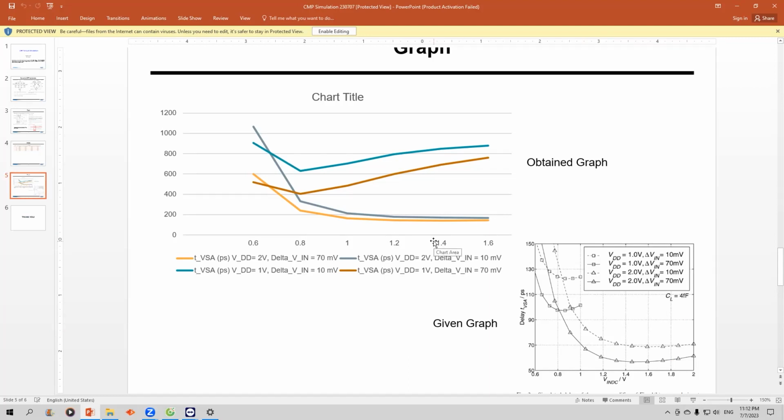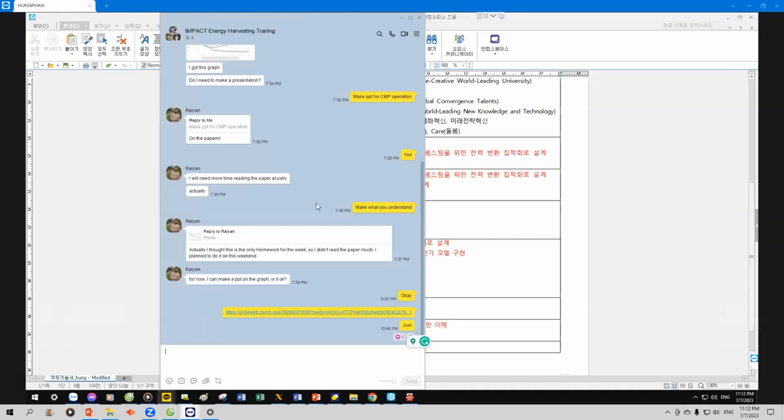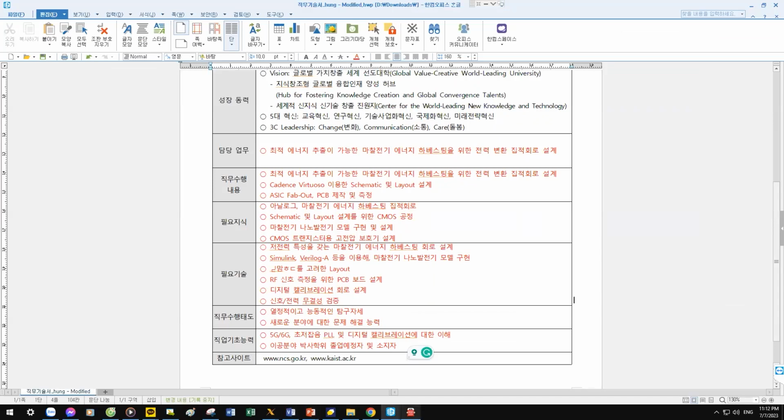I think it should be okay because the paper is really old, so the process is different from our process, I think. I see.